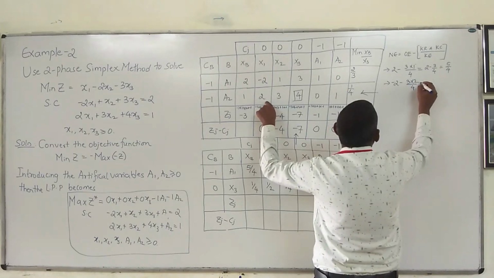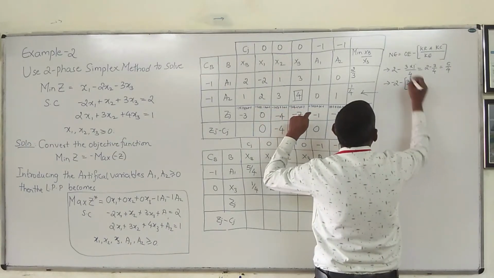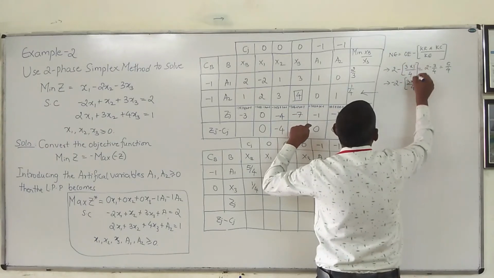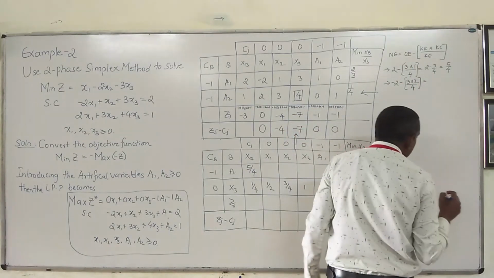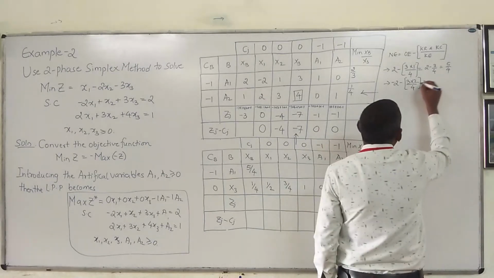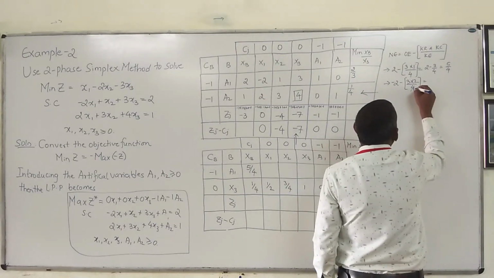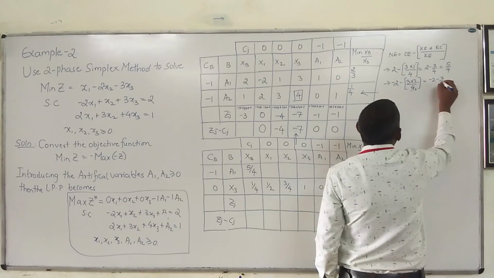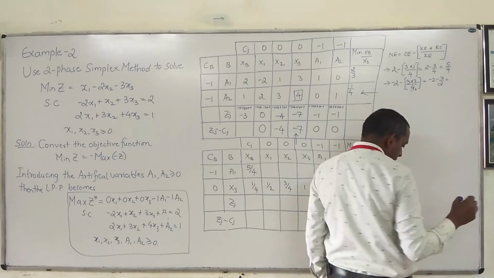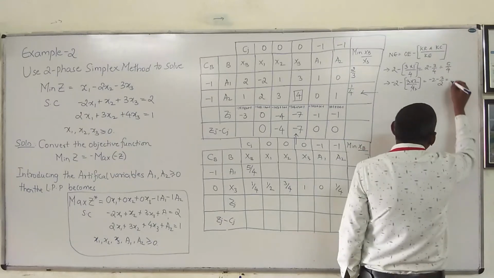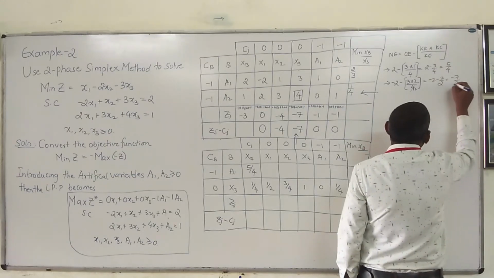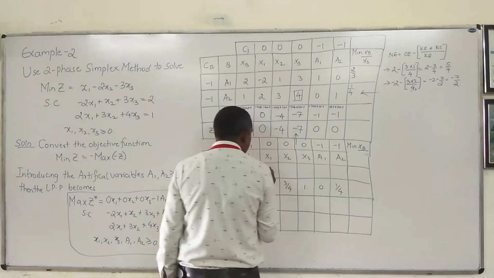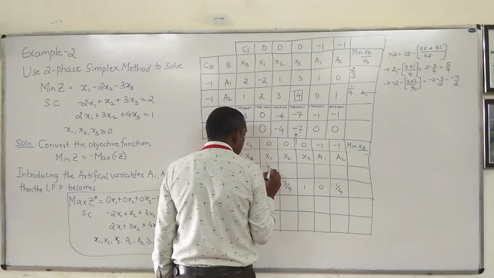The next value for this one is minus 2 minus 3 into 2 divided by 4. That is minus 2 minus 3 by 2, I think it is minus 7 by 2. So let me write minus 7 by 2.